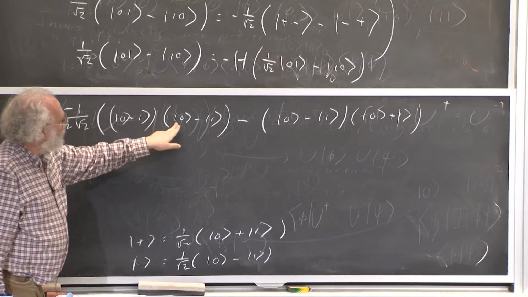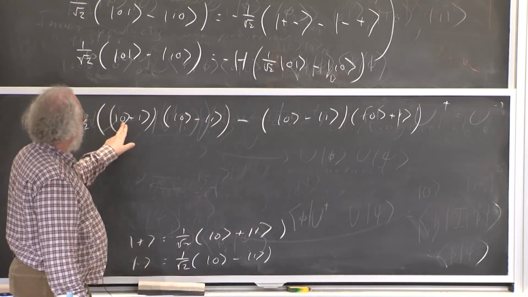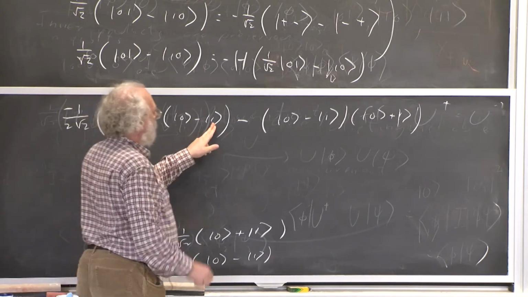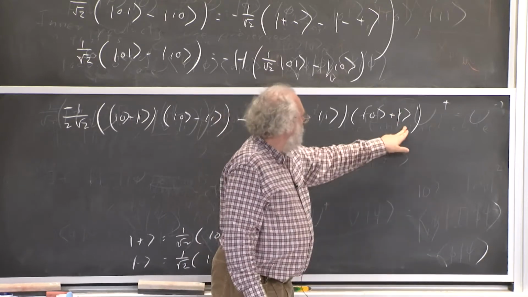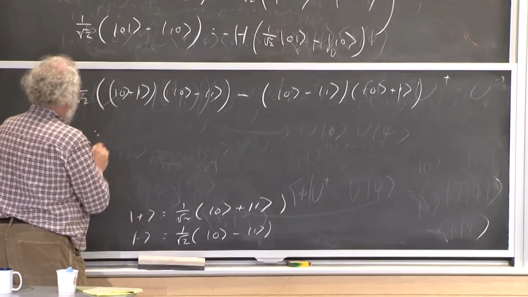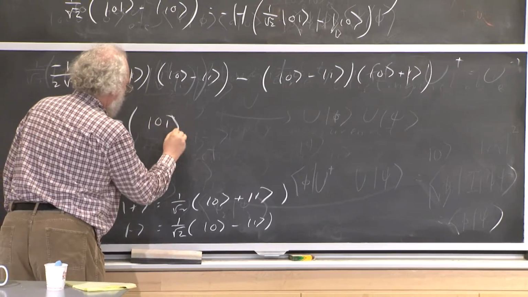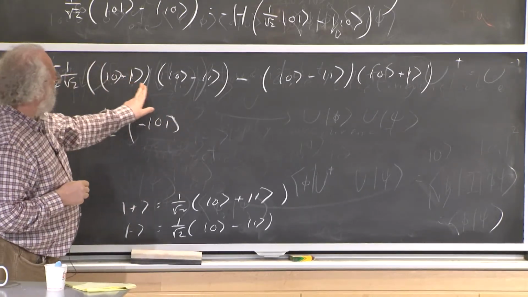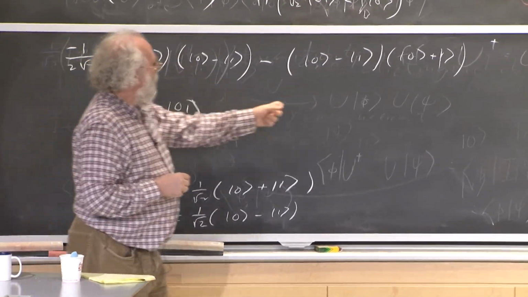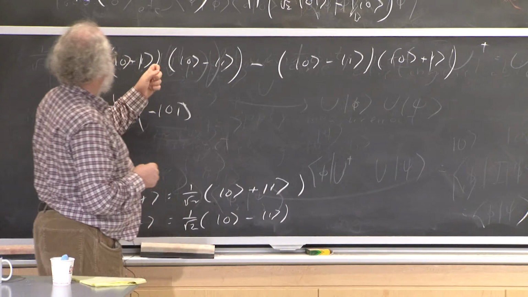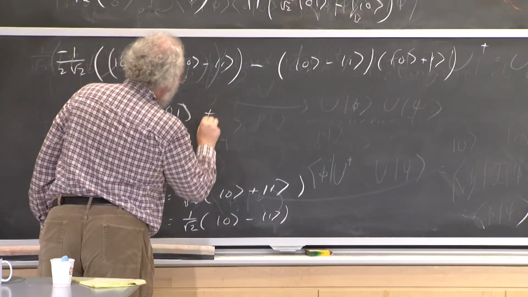And here we get 0,0 minus 0,0. Here we get minus 0,1 minus 0,1. And here, the 1,1's cancel, and the 1,0 and the 1,0 add up, and they both have plus signs on them, so you get a plus 2 times 1,0.